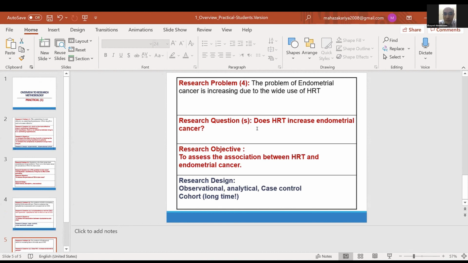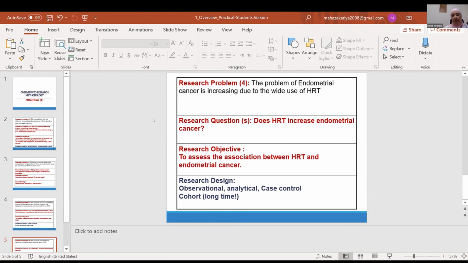So maybe add "increase the risk of endometrial cancer." Okay, very good. This is particularly because we use a retrospective study in the research design.